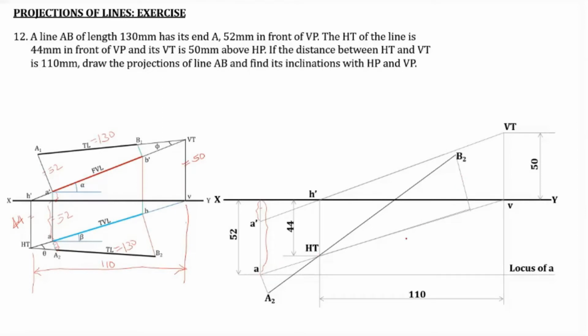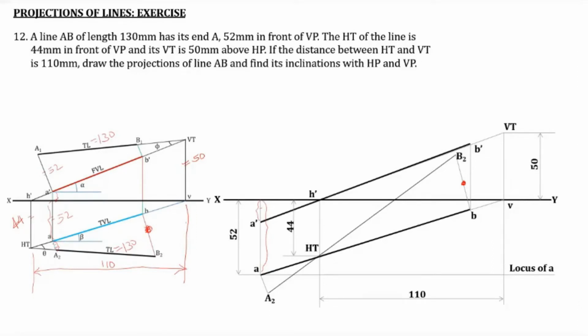So this line corresponds to this line, and that is how we can obtain the point B. Now A and B can be joined together to form the top view of the line. Now you can project B to the front view line, so that this point will be B dash. Now join A dash with B dash. So this is the true front view.